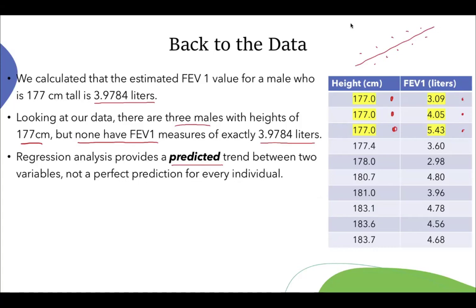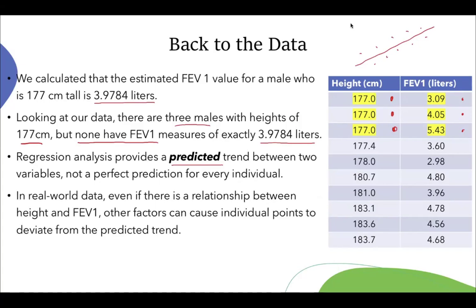It's supposed to predict a trend, and it's an estimate. It is not a tried and true prediction. So even if we have a relationship between height and FEV1, other factors can cause individual points to deviate from the predicted trend. We can't always predict exactly what FEV1 could be. There are other factors that contribute.